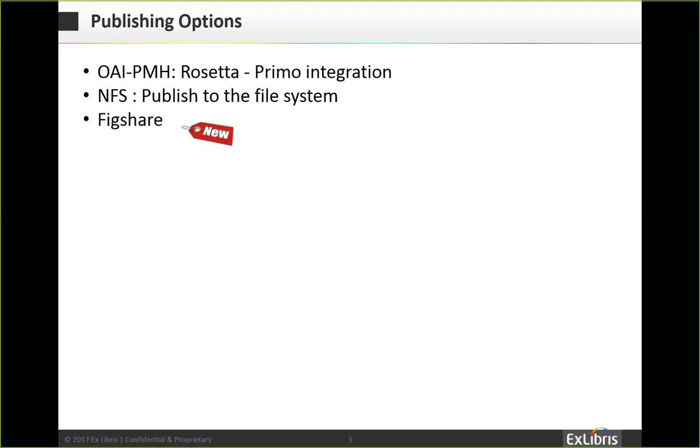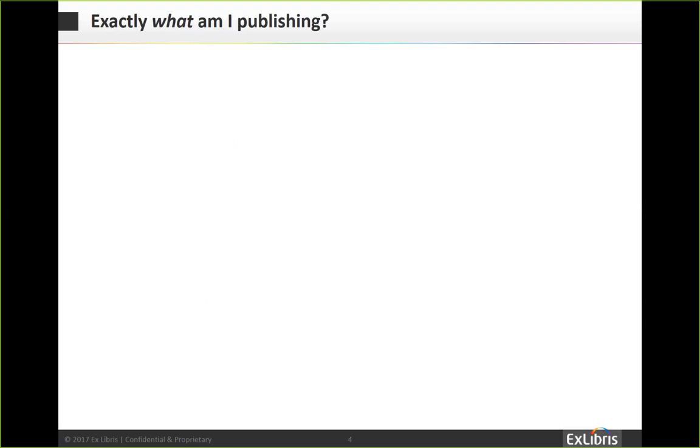We have Figshare that we're working on right now, which will publish via REST APIs. A little bit later on, we're going to be working on a Handle plugin that's scheduled for sometime in the near future. And of course, you can customize your own publishing with a publishing plugin with your own logic if you have a different platform you want to publish to.